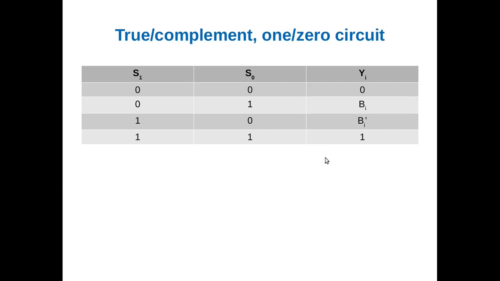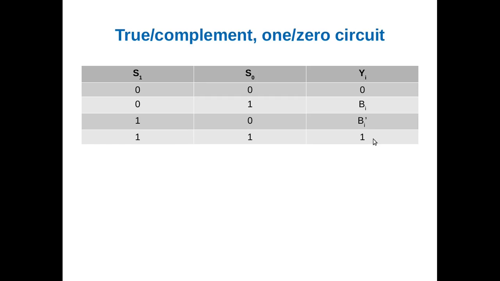So we can consider the design of a single bit of Y, that is Yi. What will be the digital circuit corresponding to Yi? When S1 S0 is 0, 0, Yi is 0; when 0, 1, Yi is Bi; when 1, 0, Yi is Bi complement; and when S1 and S0 are 1, 1, Yi is equal to 1.